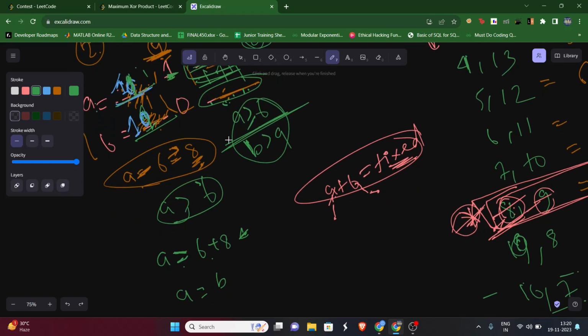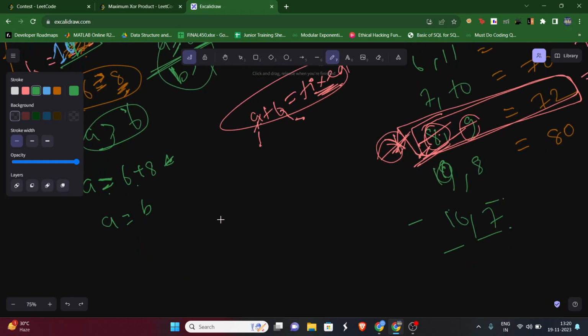What I'm trying to analyze is one thing. If I am at the nth bit, and n minus 1th bit till the first bit, one thing we know is that the sum of those n minus 1 bits is nothing but 2 to the power n minus 1, and the value at this nth bit will be nothing but 2 to the power n.